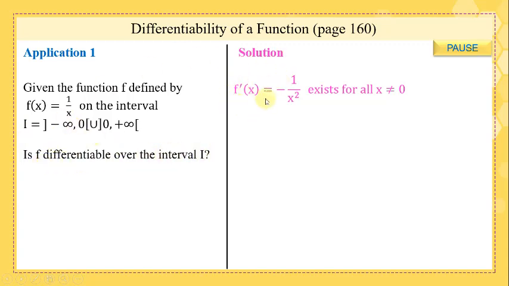If you calculate the function derivative f prime of x, you will get minus 1 over x squared. This function derivative exists for all values of x except 0. So we can say that function f is differentiable over I. So here in this example, we don't have a problem with the domain of definition of the function and the domain of definition of its derivative.